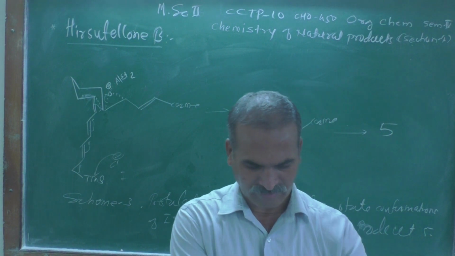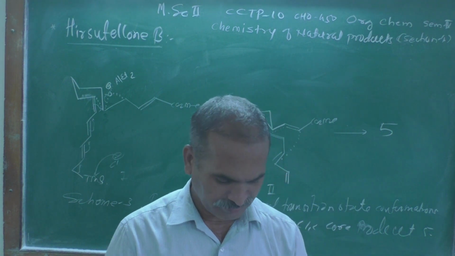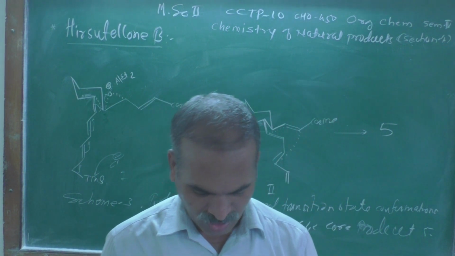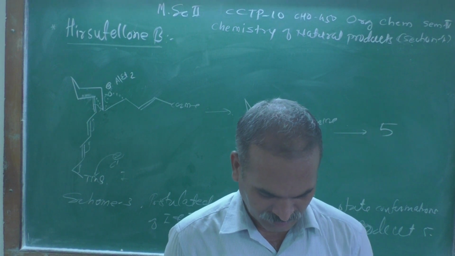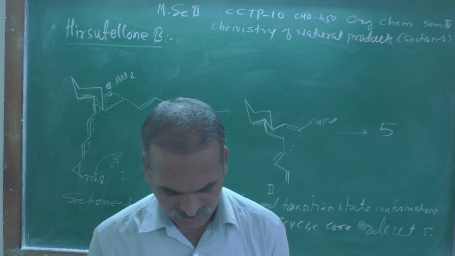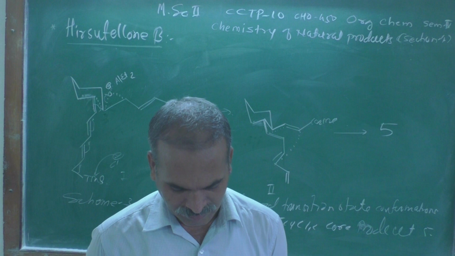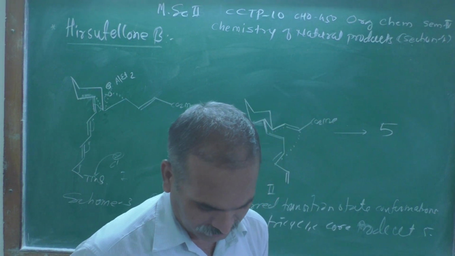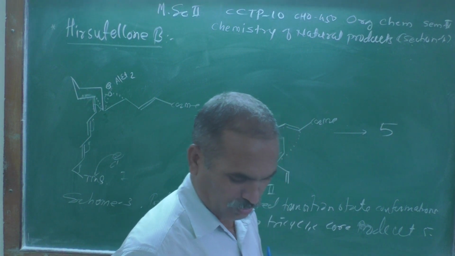This is the X-ray derived ORTEP drawing of carbamate 12, thermal ellipsoids at 30% probability, shown over here.